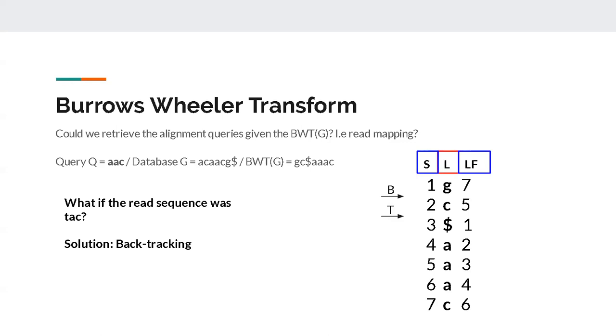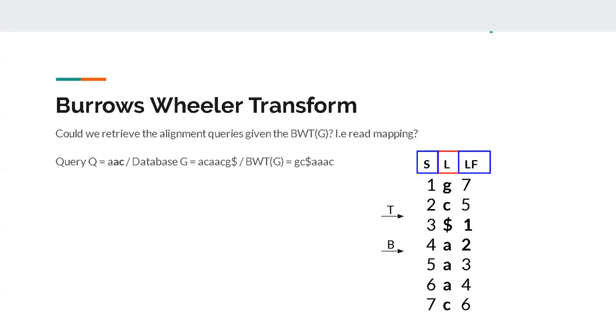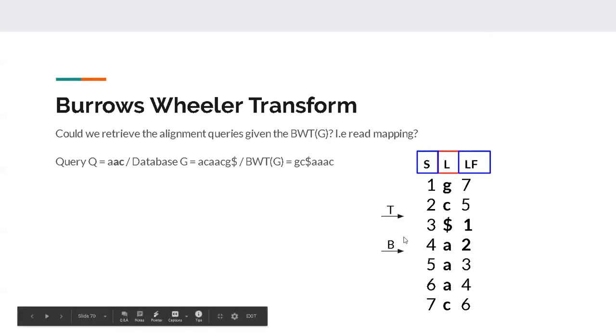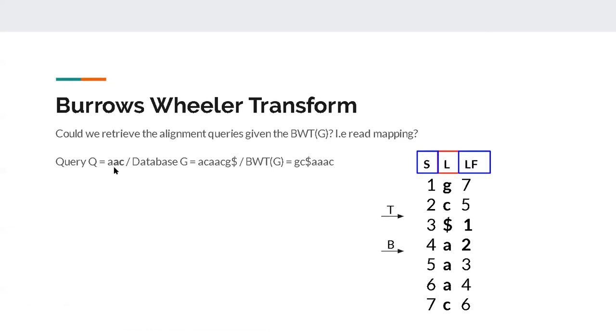What it would do is it would keep going one step back. And now if you go back to the point when you had not encountered this A, let's say it was a TAC instead of an AAC, so you would have matched C and A. But now when you encounter a T over here, the software would try other combinations.